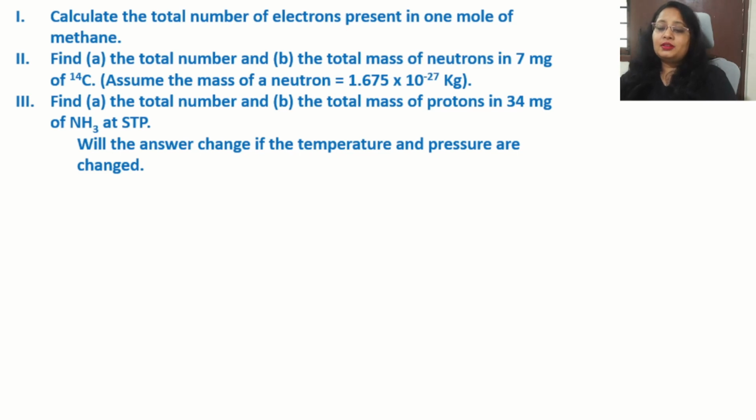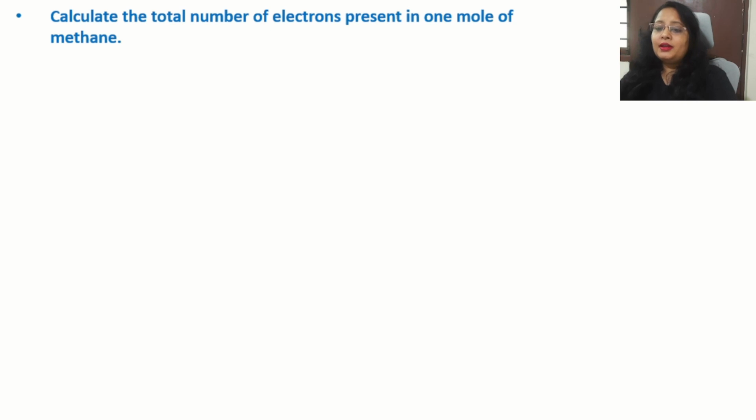So friends, there are 3 parts. We will go one by one. First part is here. Calculate the total number of electrons present in 1 mole of methane. So friends, methane means CH4.